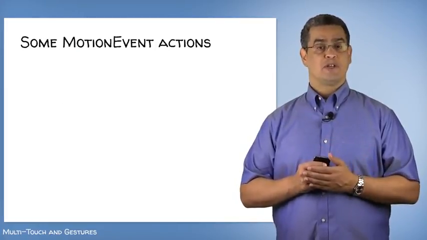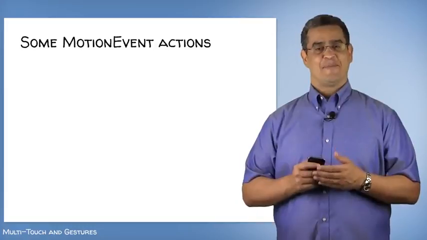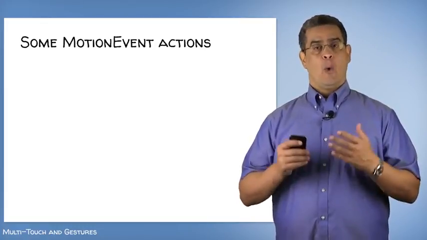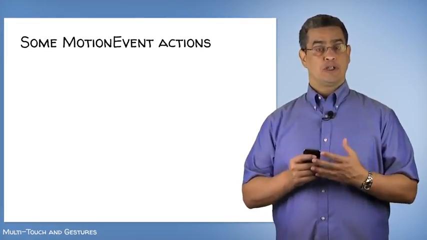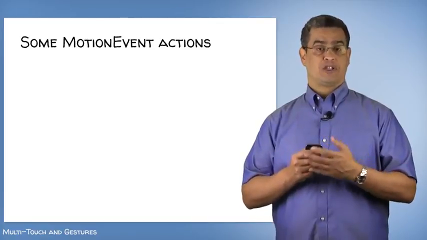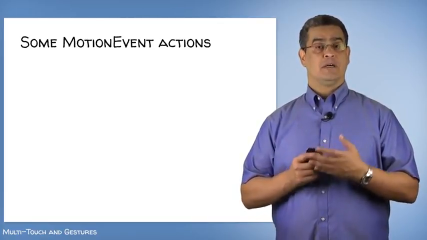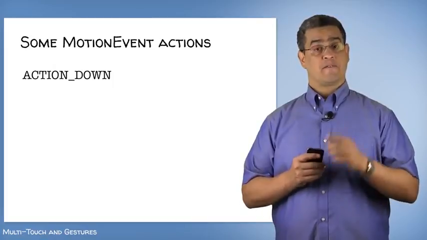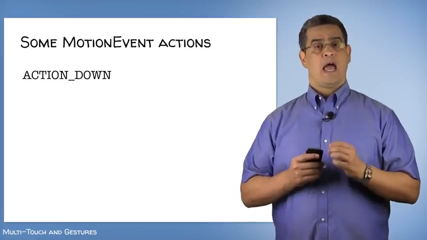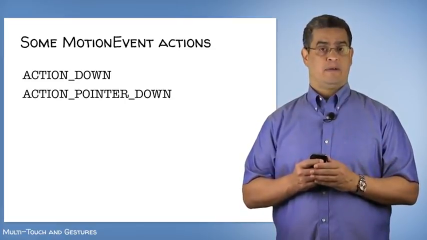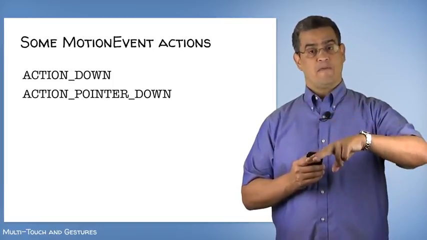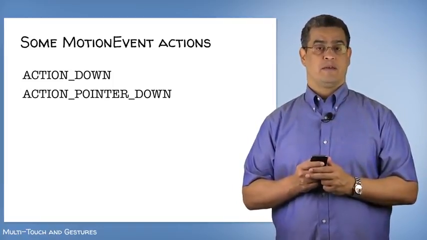So let's talk about motion events in more detail. Now, as I said earlier, motion events have an action code. When a gesture begins, motion events will be created, and they will contain some of the following action codes. ACTION_DOWN, which indicates that a first finger has started touching the screen. ACTION_POINTER_DOWN. That means that we've already had an ACTION_DOWN, and now we have another finger that has started touching the screen.